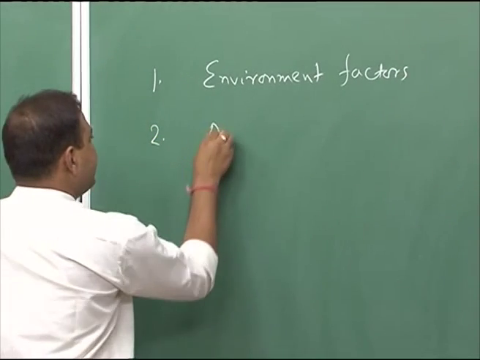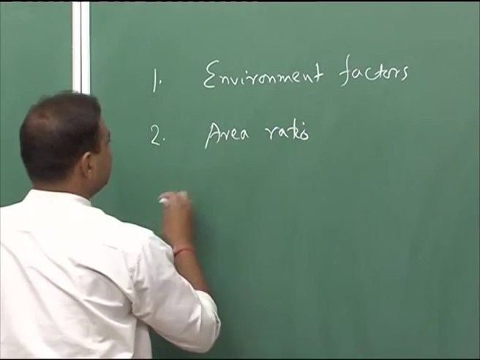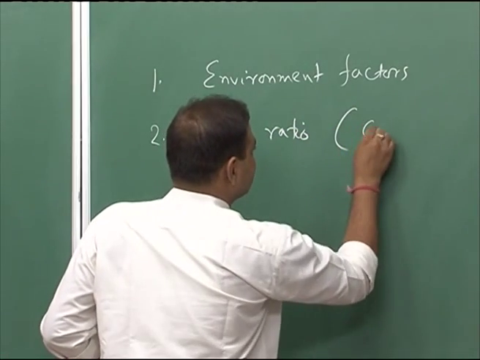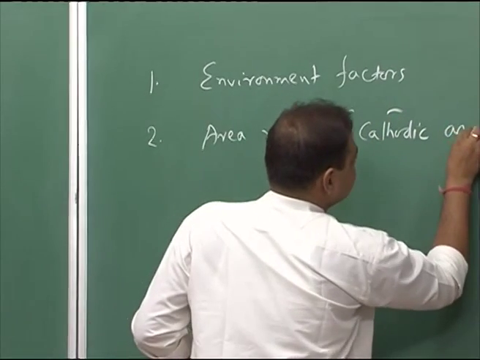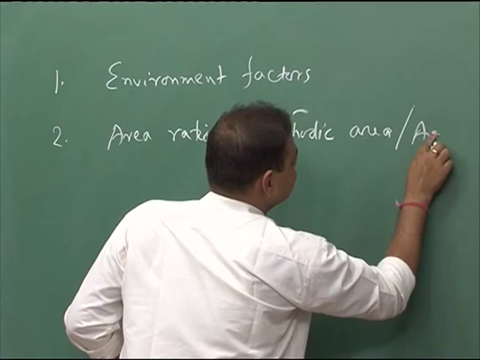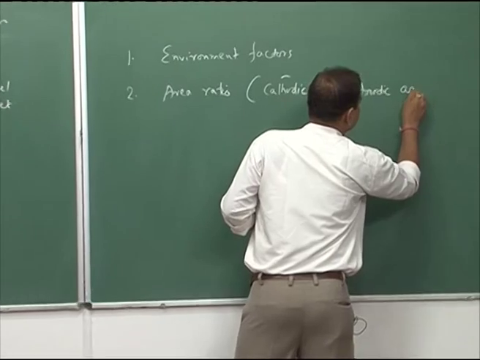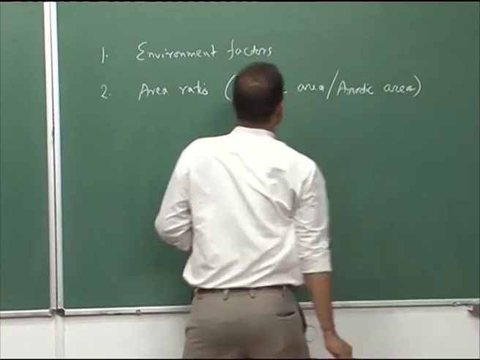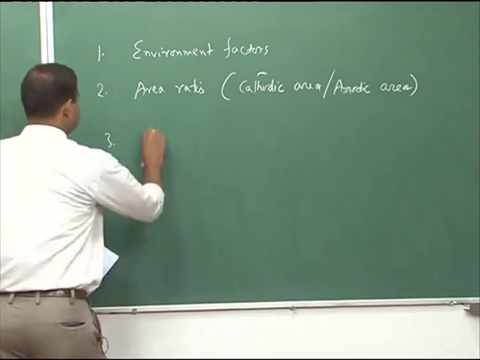Second is area ratio. Area ratio means cathodic area and anodic area. Third is distance effect.